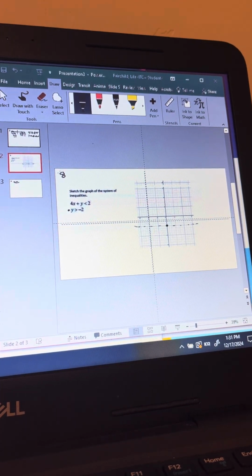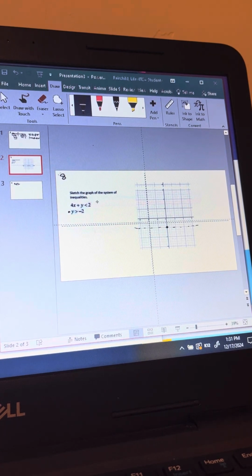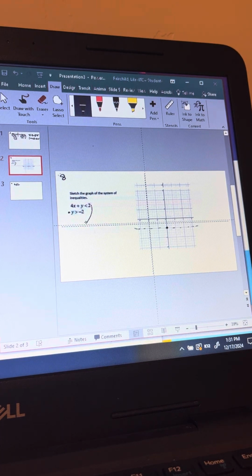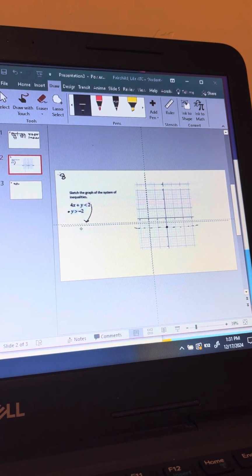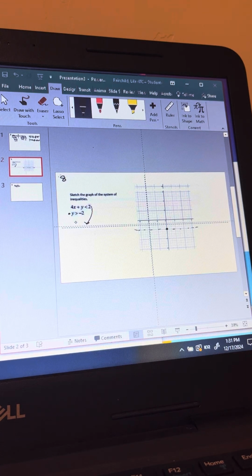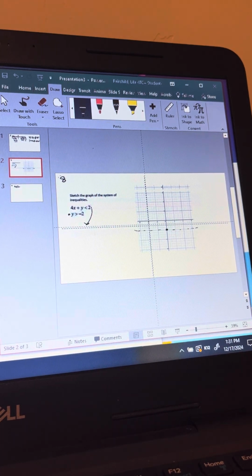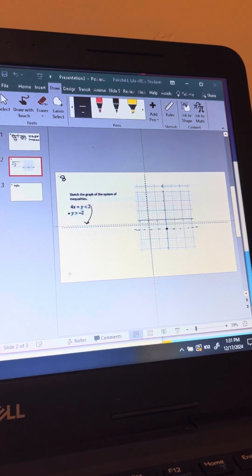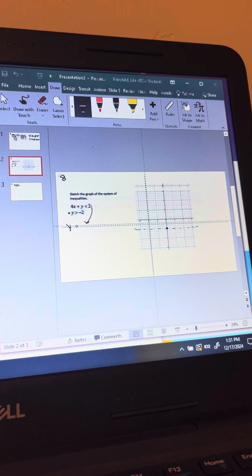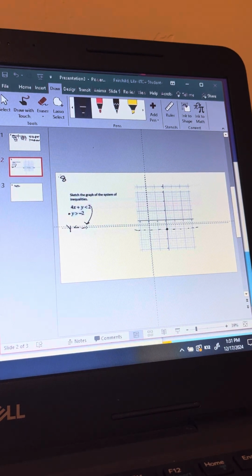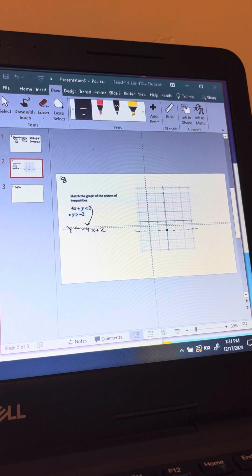And then for the up part, for this part, I'm gonna turn it into easier, so I'm gonna turn it into y is less than -4x plus 2.